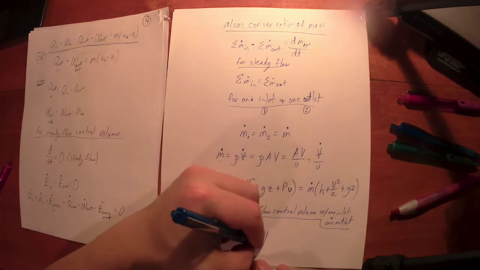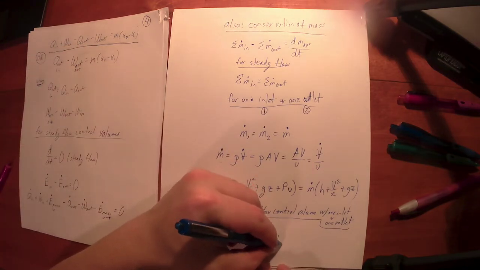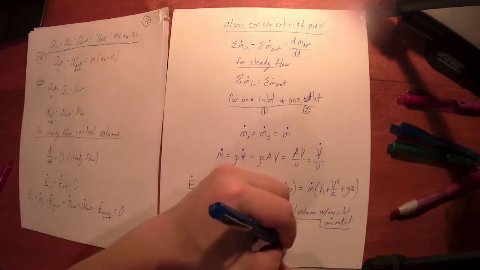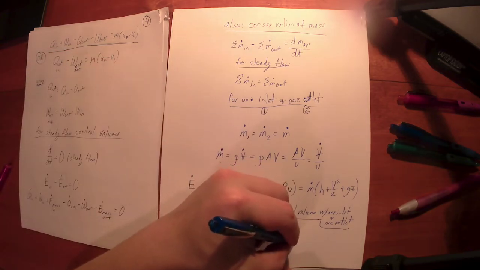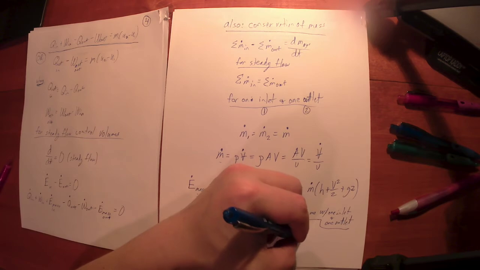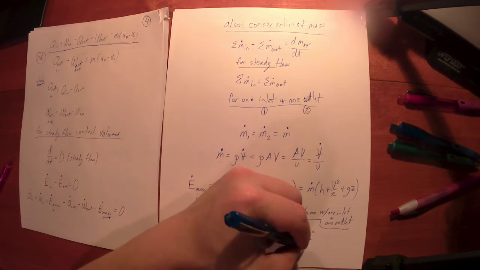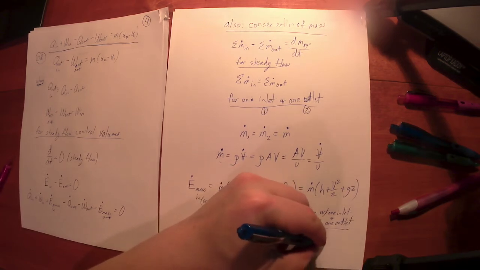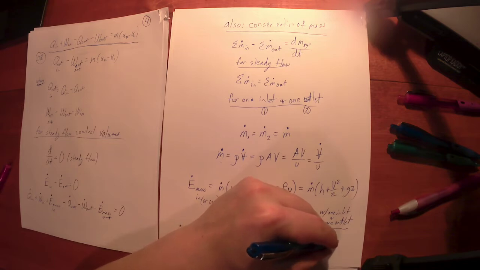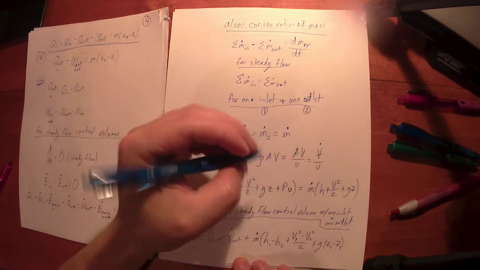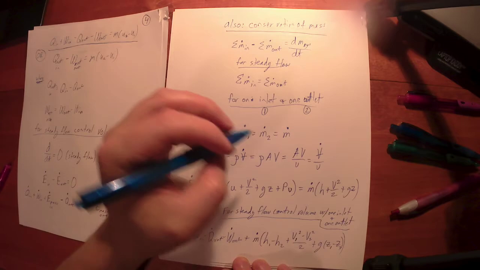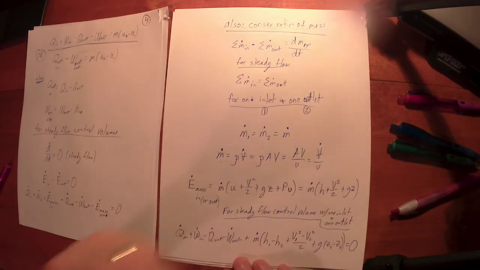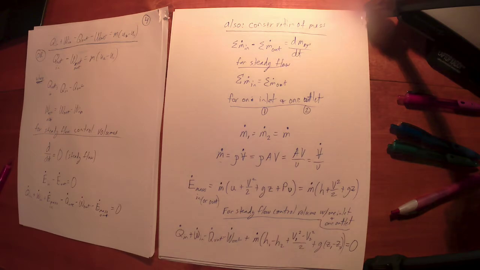So all I have to do is take the enthalpy at the inlet minus the enthalpy at the outlet, plus the kinetic energy at the inlet minus the kinetic energy at the outlet. And most of the time we just neglect the potential energy because it's normally tiny compared to these other terms, but it's still there. And if it's flowing steadily, that whole sum is set equal to 0.